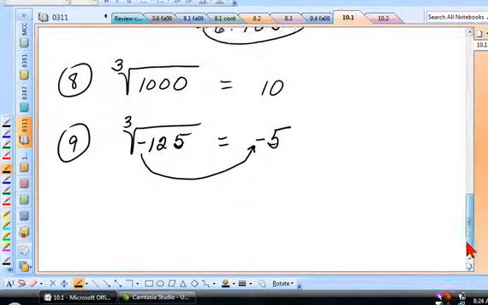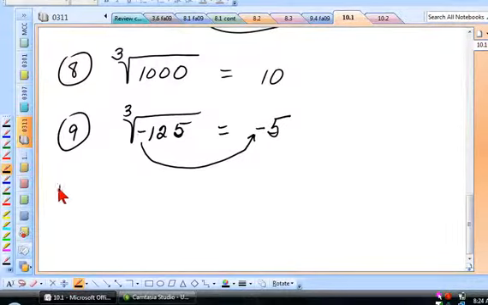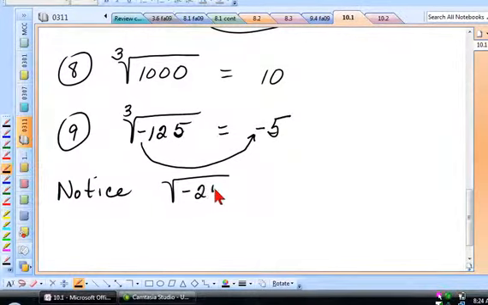Now, something that didn't happen to us, I want you to notice, because it could happen, if I ask you to take the square root of negative 25. Now, I didn't put the negative on the outside. We've already seen that. We know that means the answer is negative. What can you square to get negative 25?